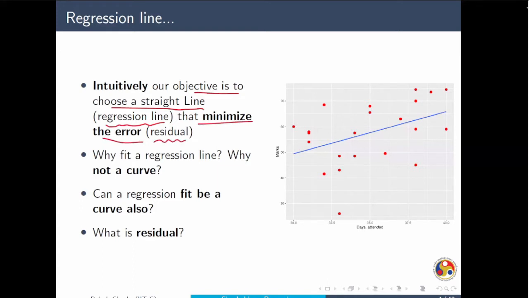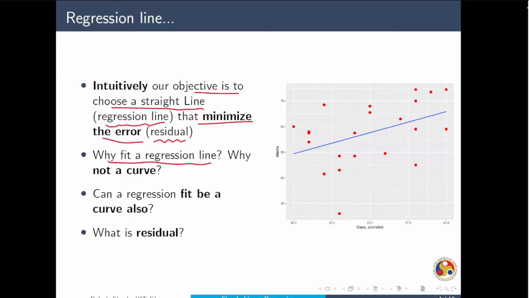Now, why fit the regression line? You should always ask questions. Asking questions means that whenever you are trying to fit something or doing some kind of statistical analysis, you need to ask questions to yourself again and again, because a model is something from which you are trying to infer knowledge, and there are a lot of possibilities that the inference may be wrong.